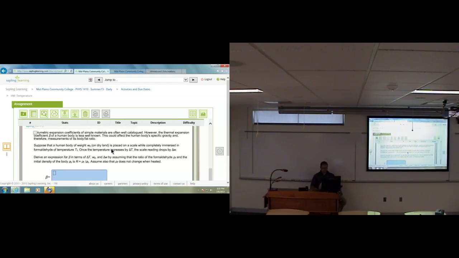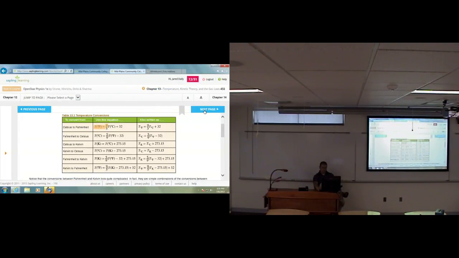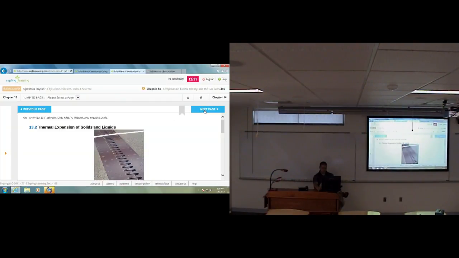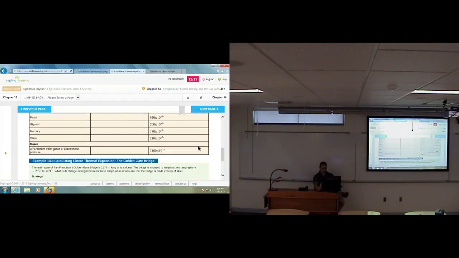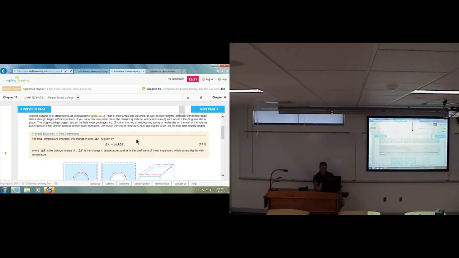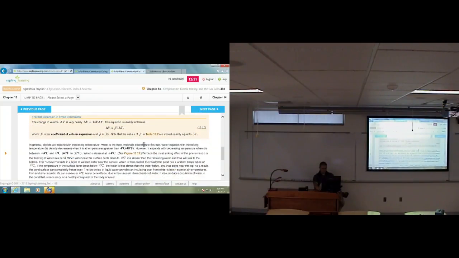Well, they're using beta, not gamma. That's fine too, we'll use beta. I don't remember what the equation uses for expansion. Let's go look at that. Beta is used for volume expansion. Yeah. So 2 alpha and beta.